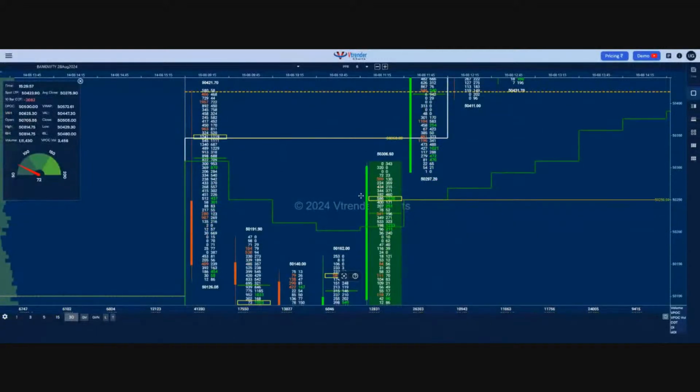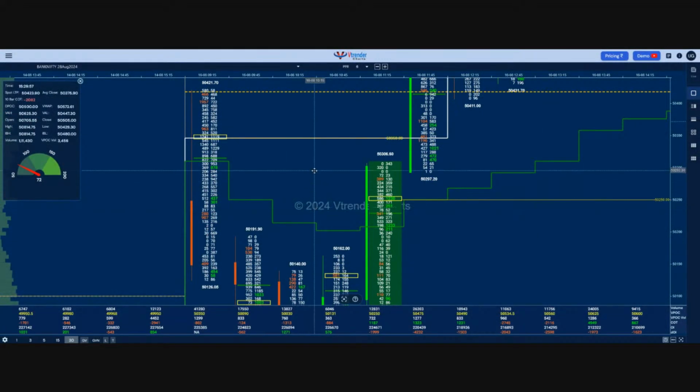And let us have a look at the order flow chart. Let us start with Friday's order flow chart, and you can see how even in Bank Nifty we opened with a gap up. We went on to make highs of 5421, but the COT was not supporting, and immediately we came back lower.